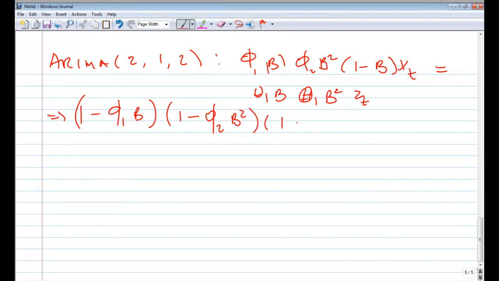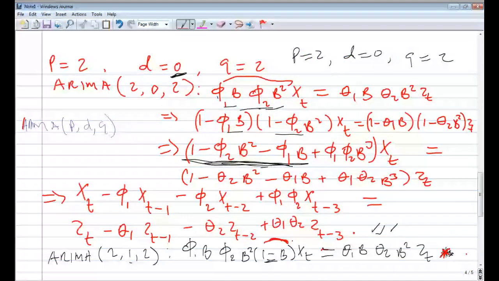Sir, what I want to understand here is, we are taking it from the seasonal ARMA model. You can't take it from the seasonal, because this one is not seasonal. It's a non-seasonal model. If you take it from the seasonal, you're confusing us. Now I'm confused about what you are doing there, sir. The second step is correct, but the first step, how did you manage to write that one?